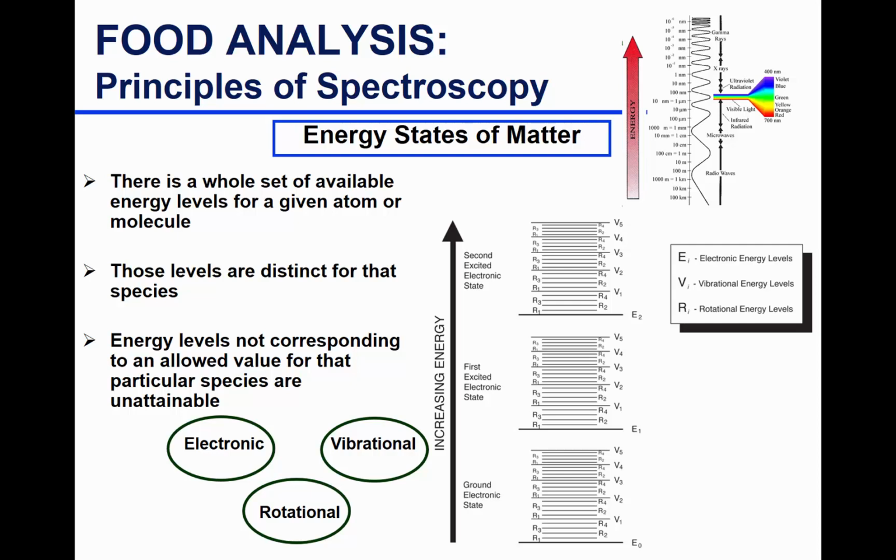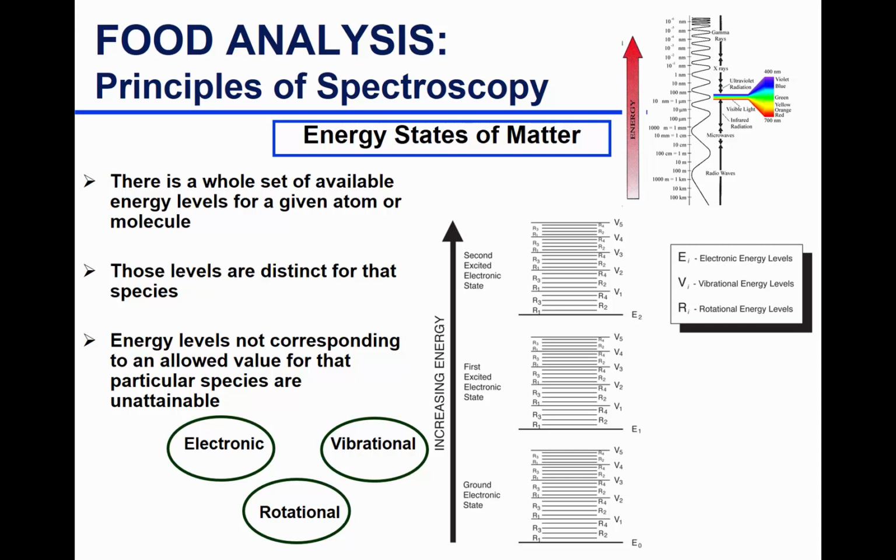So here they are, those discrete steps. There is a whole set of available energy levels for a given atom or molecule. Those levels are unique for each species of molecule.